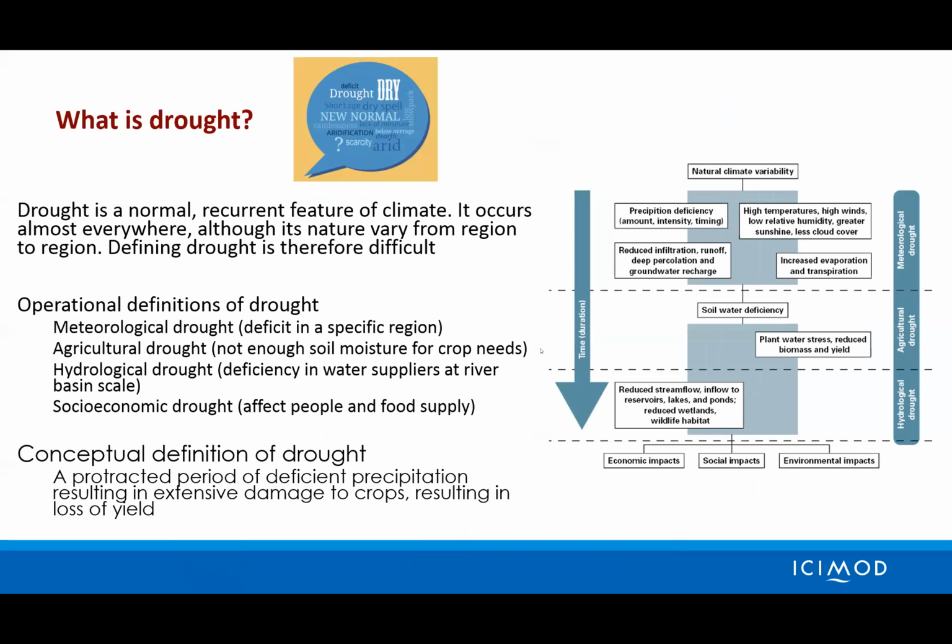Coming back to it, if we need to monitor a particular area or subject or indicator, we need to know what exactly it is. Drought has different definitions. There are operational definitions and conceptual definitions. Conceptual definitions mostly deal with the impact, but operational definitions are needed to monitor the different variables. On operational definitions, we have three to four categories: meteorological drought, agricultural drought, hydrological drought, and socioeconomic drought.